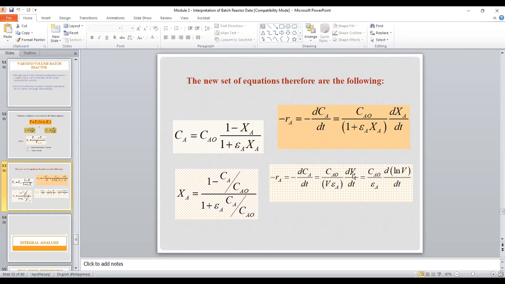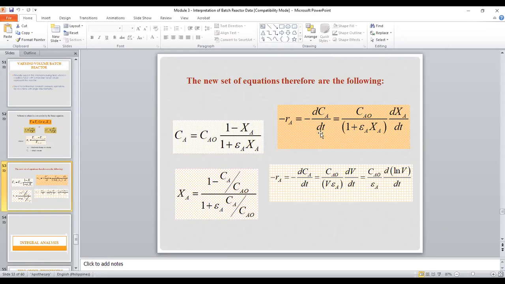Now this dV over V we know is ln V; the derivative of ln V is actually dV over V. So these two are just equivalents of each other.